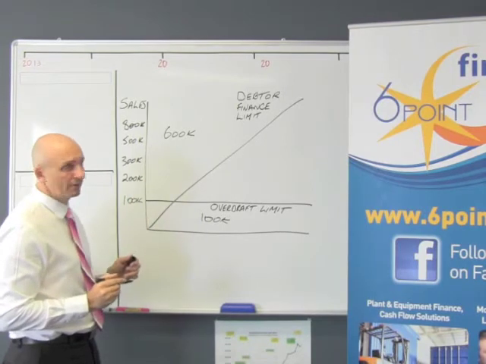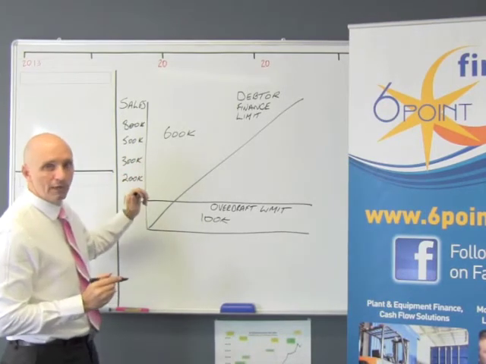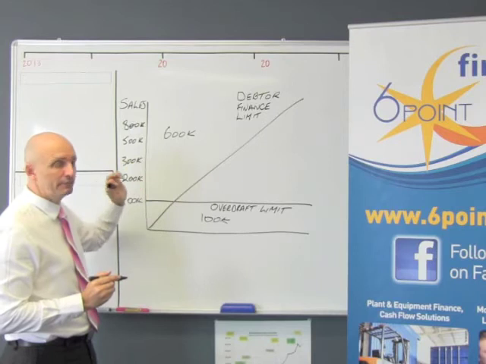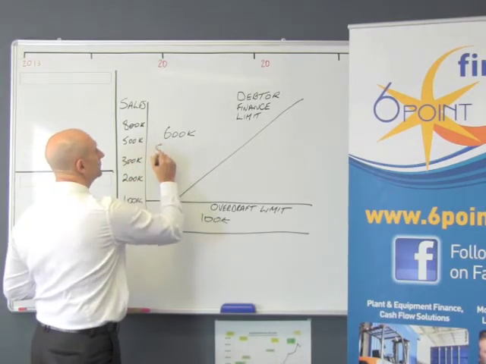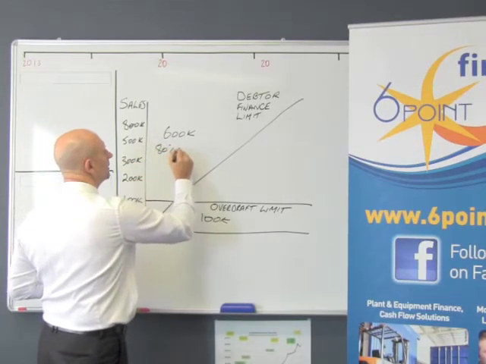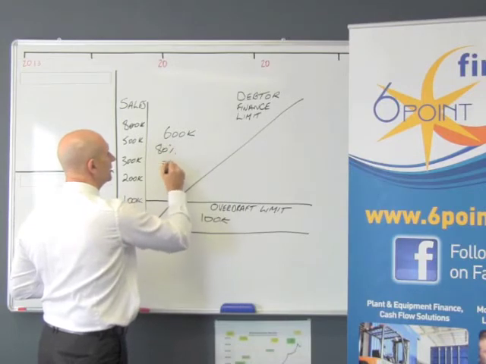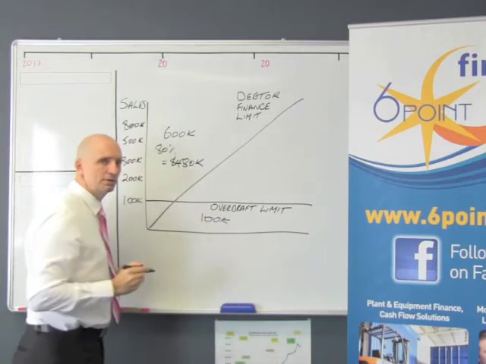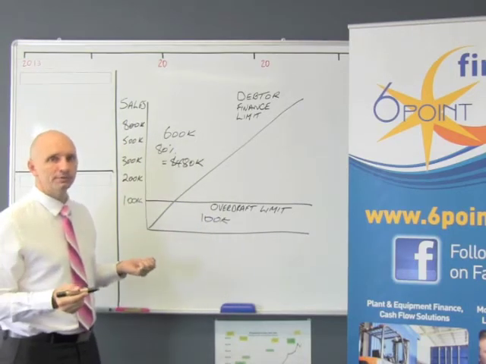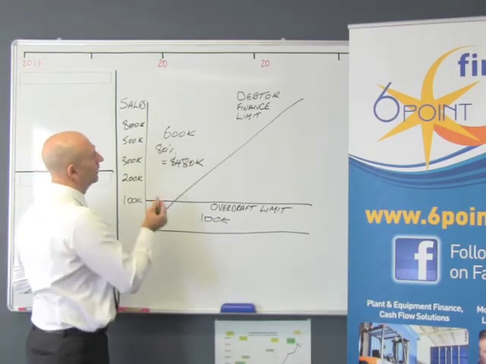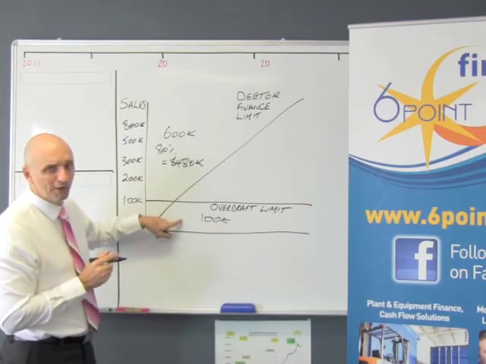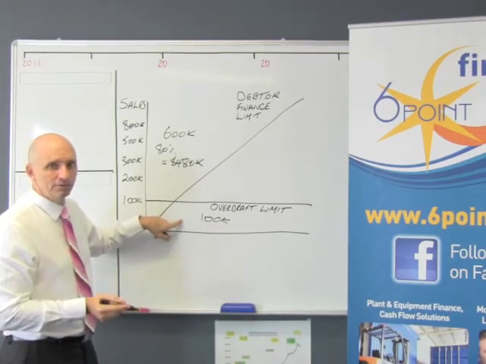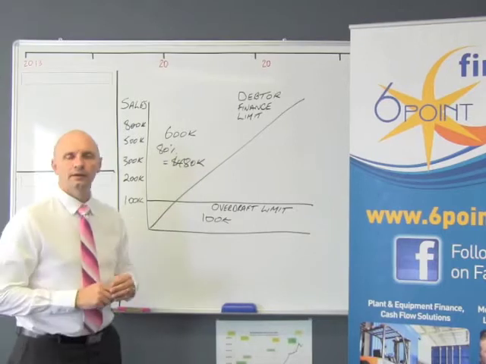Debtor finance, however, allows you to obtain up to 80% of the debtor book. And at the moment, 80% of the $600,000 equals $480,000 in cash available within 24 hours. An extra $380,000 can make a huge difference to a business that's growing.